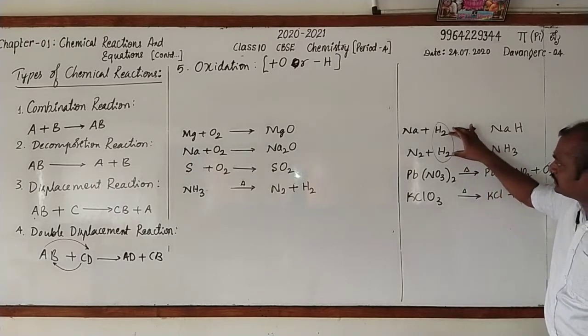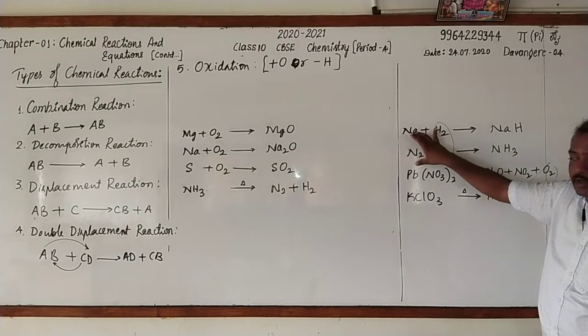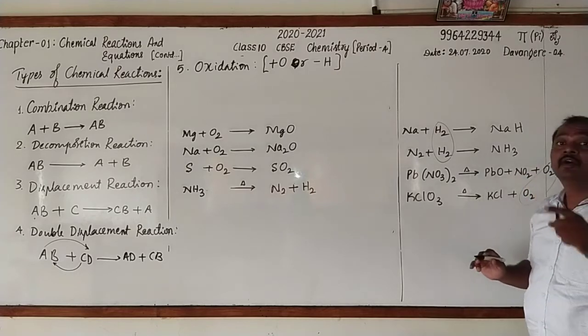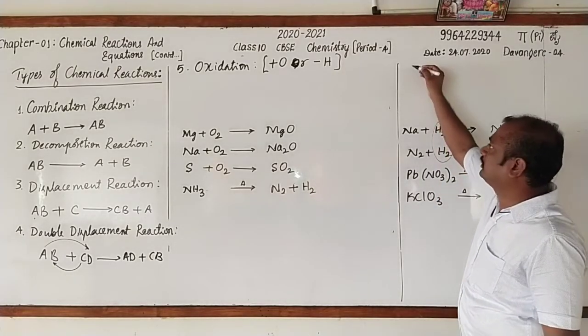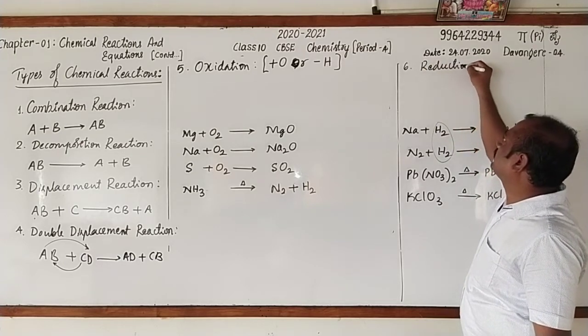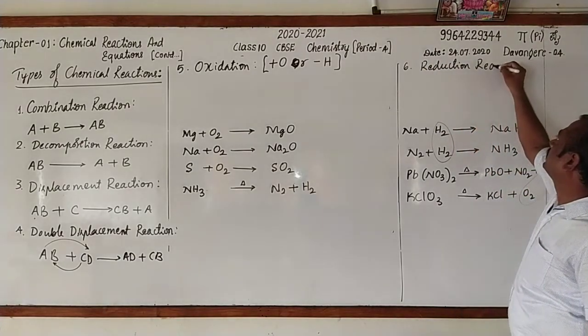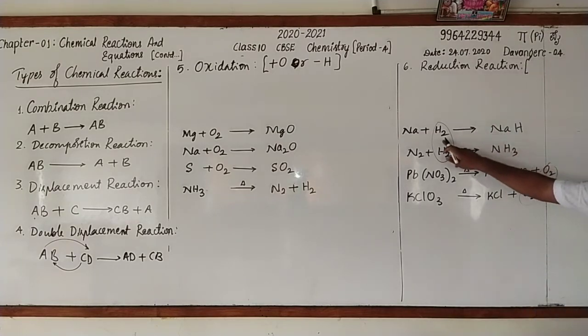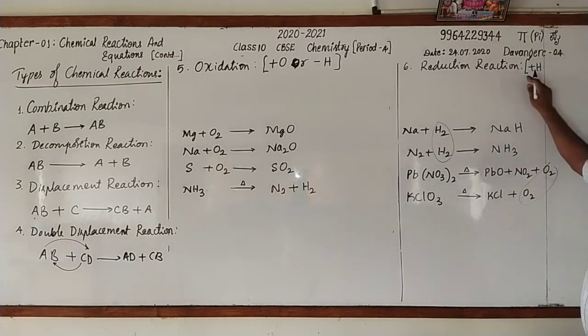So this addition of hydrogen to a substance or removal of oxygen from a substance is called reduction reaction. Sixth one, reduction reaction. Addition of hydrogen or removal of oxygen.